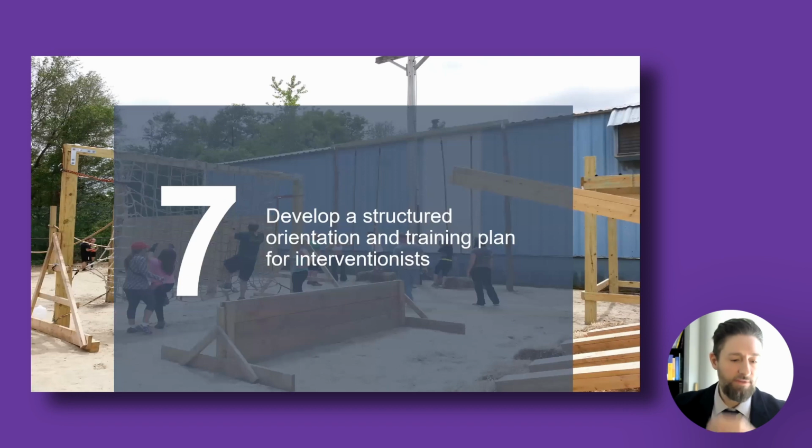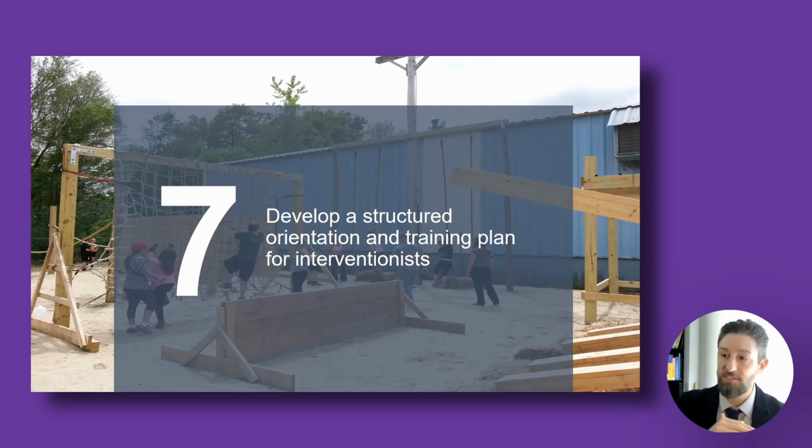So my 7th piece of advice is to develop a very structured orientation and training plan for interventionists. It can also be stressful for them because they don't want to deliver the wrong thing. If you're doing a trial where you have separate interventionists allocated to different components, I still think you should train your people, but it's a little bit less of a concern, at least in my mind, because you have less risk of contamination.